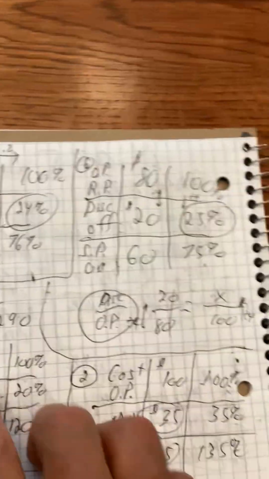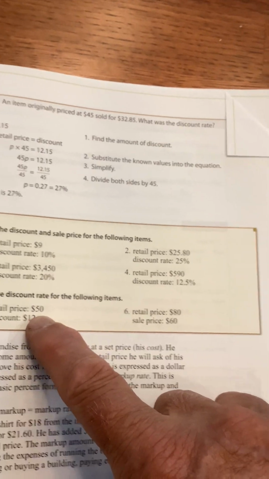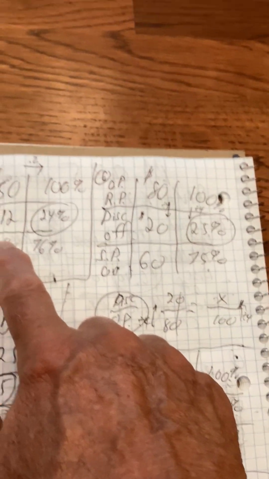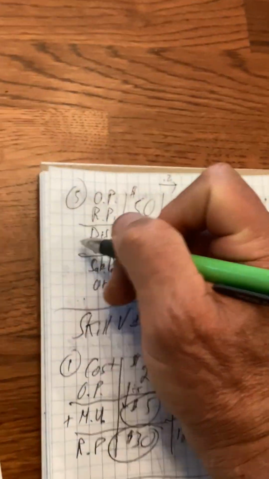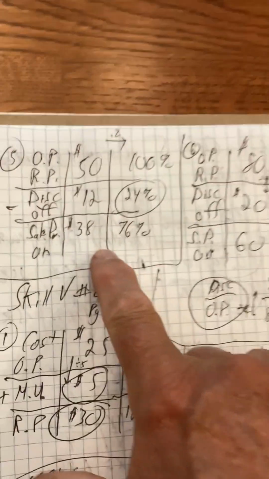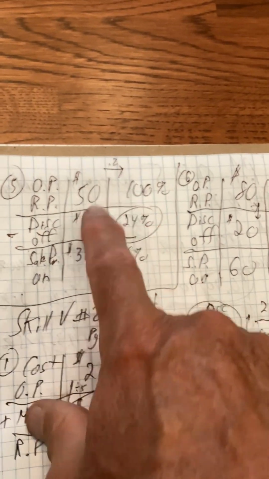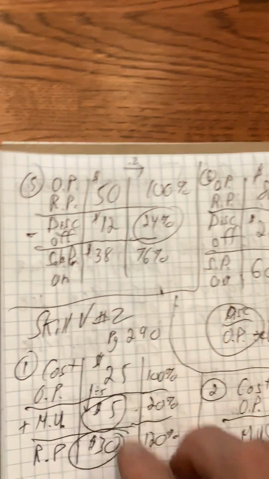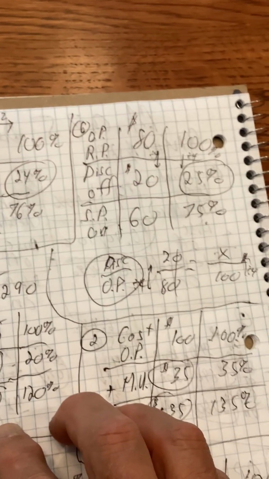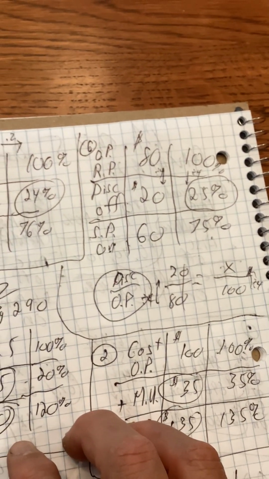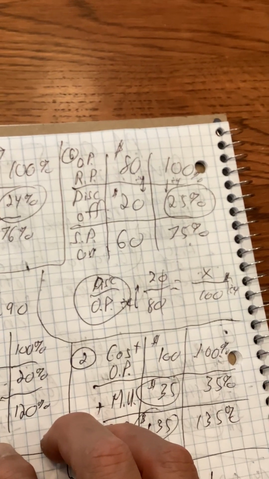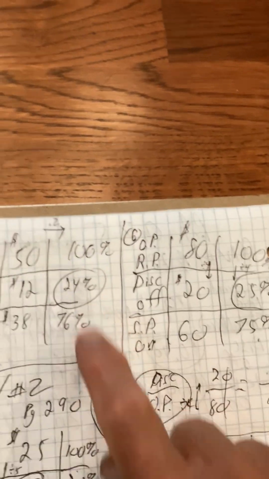So again, I'm just abbreviating here. Here's your original, which is your retail price, was $50. And your discount was $12 off, so you're subtracting. So the sale price, you can just do the math here, just subtract, it's $38. How do you get from here to here? It's just times 2, and you get your percents. So find the discount rate, 24%.